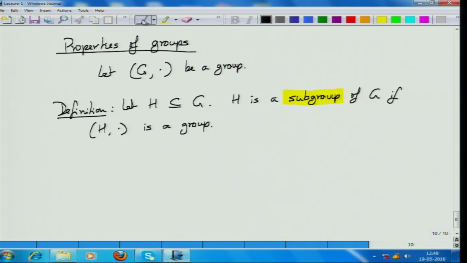Take any subset H of G. It's a subset of elements of G, and we call this subset a subgroup of G if H under the same dot operation is a group.